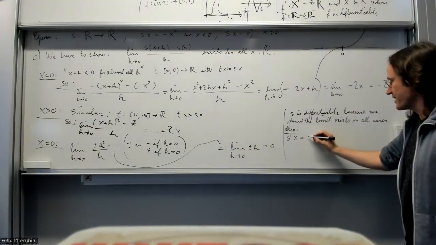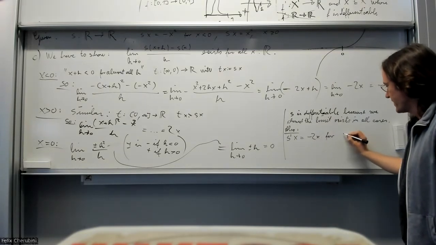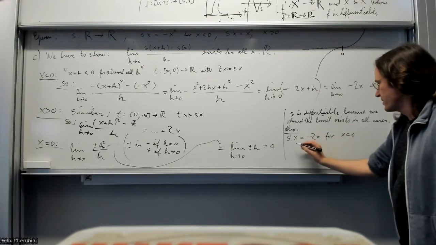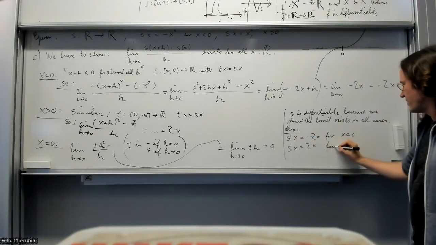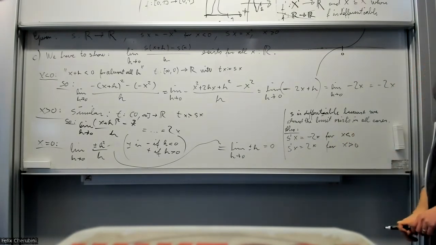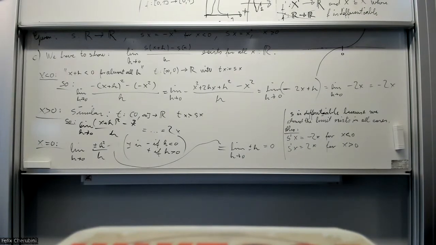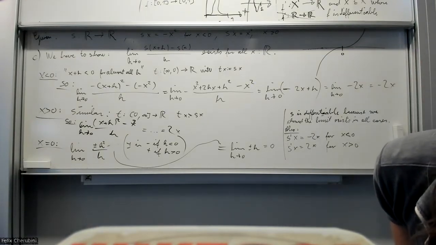So we can say, for example, minus 2x for x smaller than 0, and S prime of x is 2x for x bigger than 0. Yeah. Okay, done so far. Let's look a bit further.